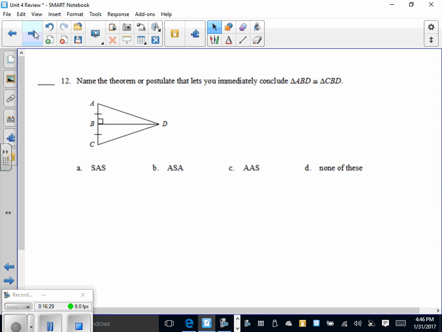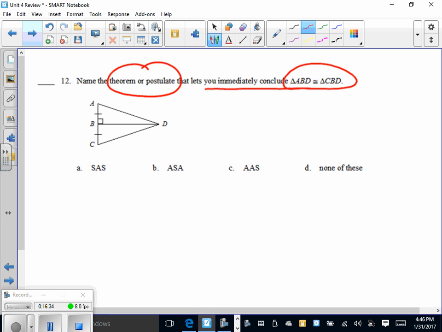All right, number 12. Name the theorem or postulate that lets you immediately conclude that the two triangles are congruent. Triangle ABD, which is the top one, and triangle CBD, which is the bottom. Well, from the given information, we know this side is congruent to this side, so I have an S. I know there's a right angle right here and a right angle right here, so that gives me an A. Now, the only thing I need to know is do I have another side or another angle?